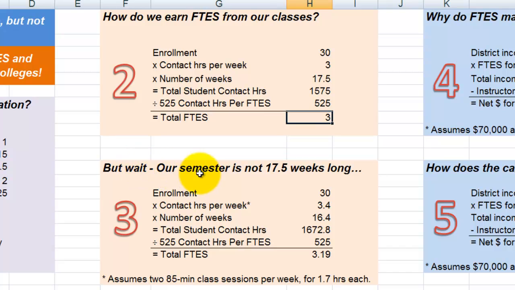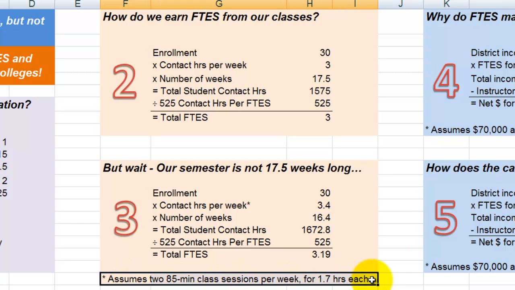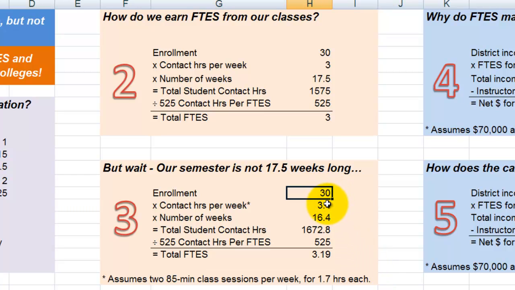But wait, you say, our semester is not 17.5 weeks long, and that's true. Our semester is actually 16.4 weeks long, and our contact hours per week isn't really 3.0 either. It goes up to about 3.4, assuming we're doing 2 85-minute class sessions per week, which are 1.7 hours each. So if we take enrollment times 3.4 hours times 16.4, you get 1,672 contact hours.